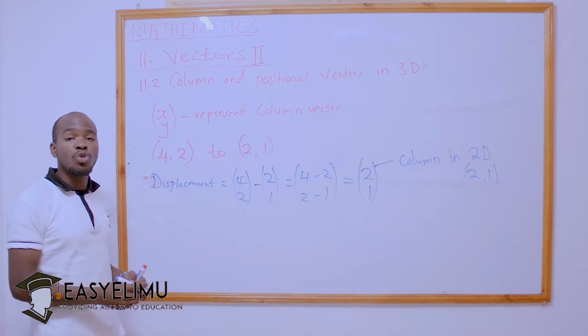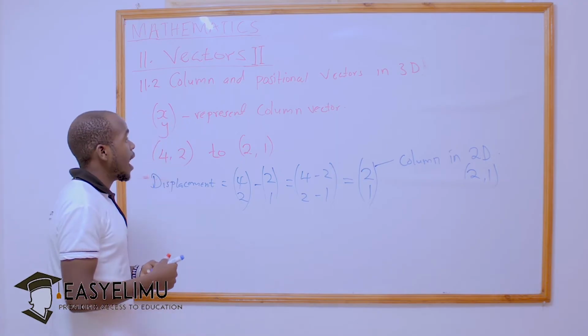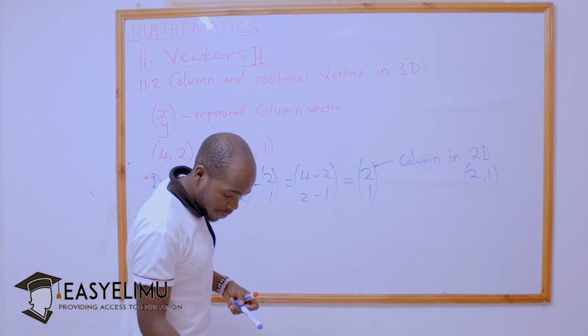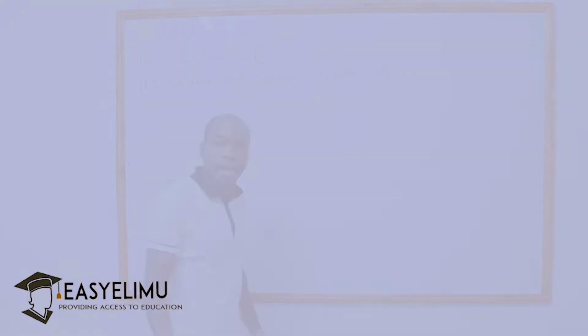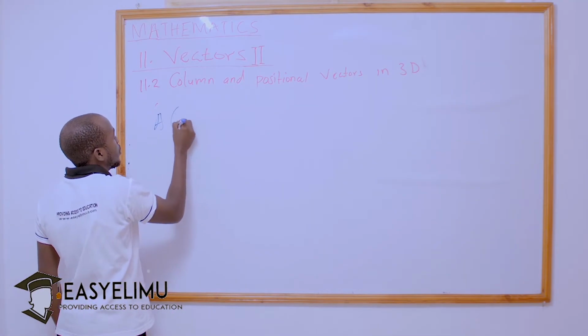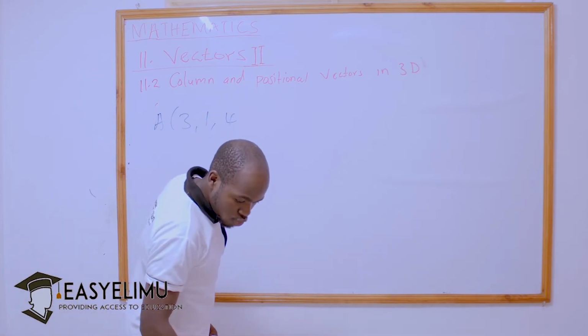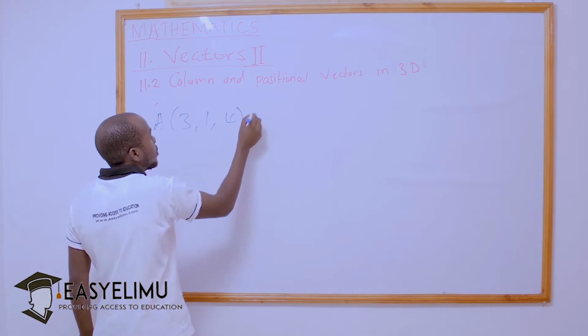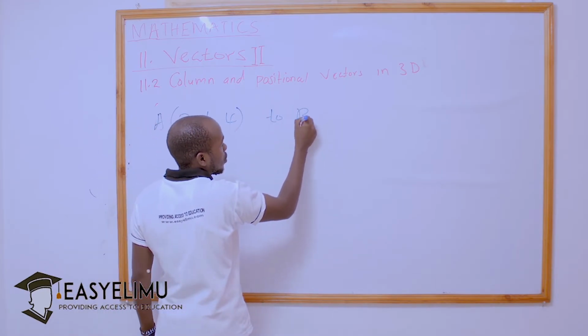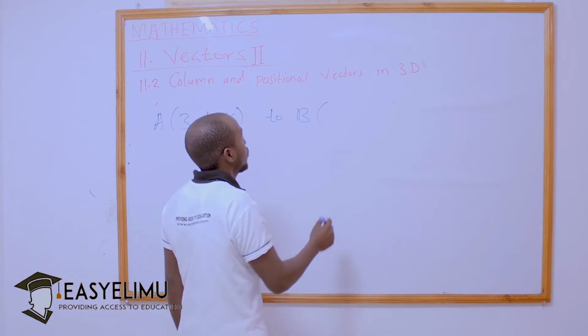But we can change it to be in 3 dimensions. And in 3 dimensions, we can have several of them. For example, we may have an example. Let's say a point A has been displaced from 3, 1, 4 to a point B, which has the positional coordinates of 7, 2, 6.